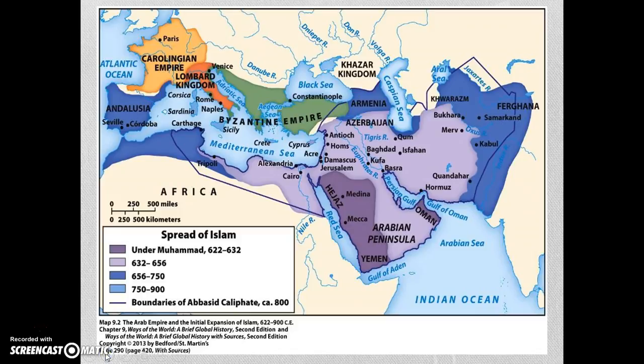Now you see on the map the spread of Islam throughout certain time periods. 622 to 632 is shown in the deep purple, and then 632 to 656 was probably their biggest gain during that time period, and 656 to 750 in the darker blue as it continues to spread both eastward and westward, and from 750 to 900 in the lighter blue.